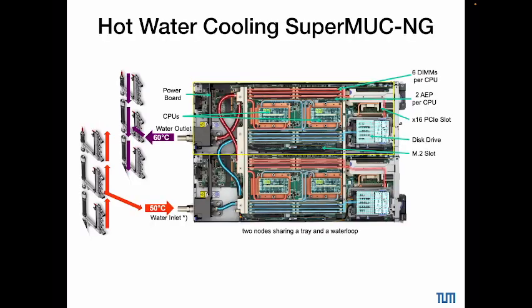What they do is they actually have, this is one blade in the server, and this is a cold water inlet, and then there are pipes that go to the important or very hot parts. So the memory is there, these are the CPUs. There is also some networking here that is cooled, and then the hot water basically goes out here.